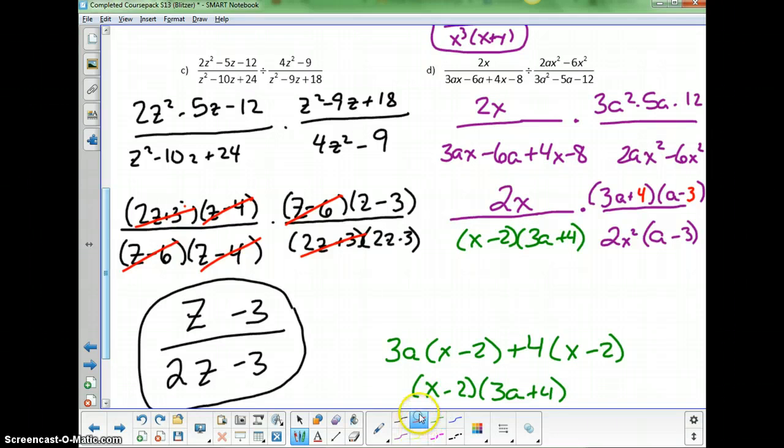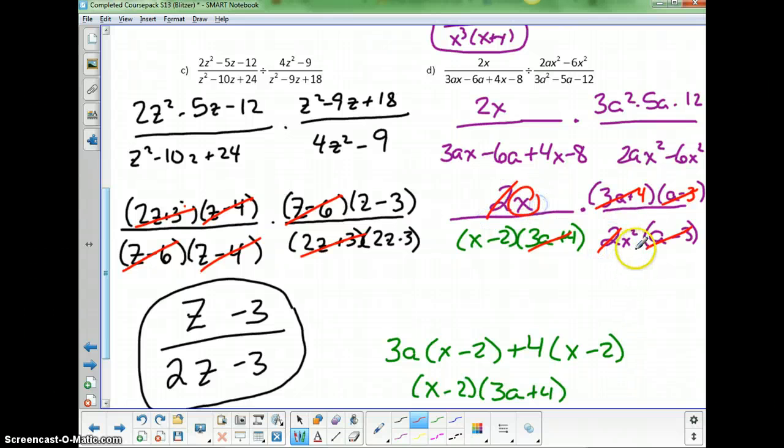Alright, so some of the work for factoring these things has to be done on the side and then put back together right here to get the whole thing simplified. For cancellation, I can divide off 3a plus 4 from both top and bottom. I can divide a minus 3, and I can divide 2 from these monomials.